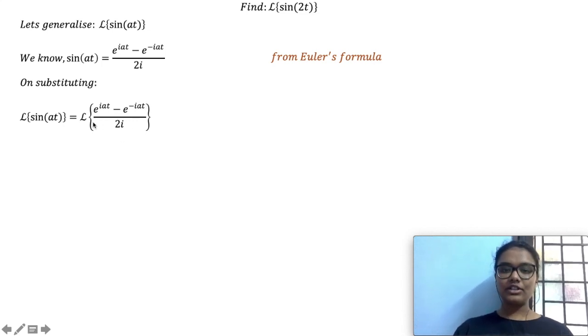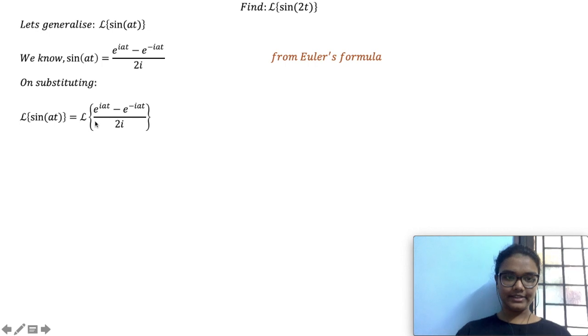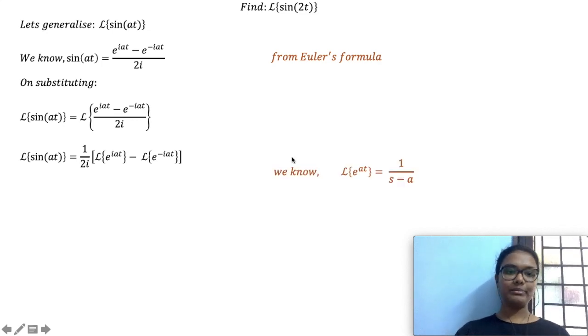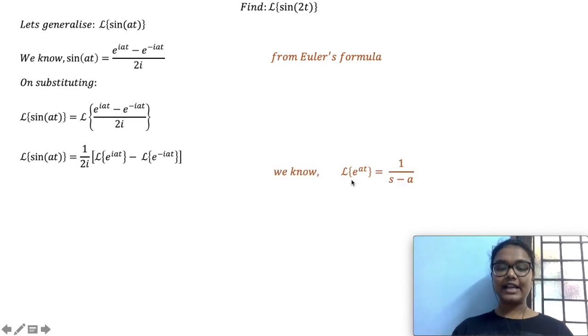Now, Laplace transforms can be linearly split. That gives us 1 by 2i times the Laplace transformation of the first term minus the Laplace transformation of the second term. From the previous result that we've proved, the Laplace transformation of e^(at) equals 1 by s minus a.